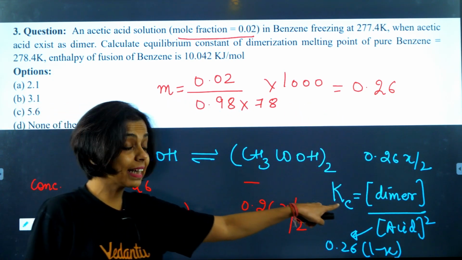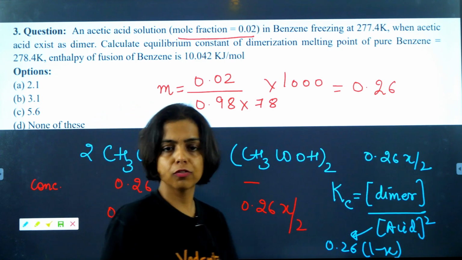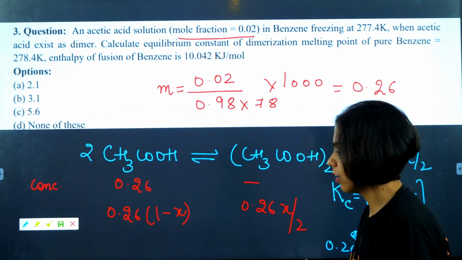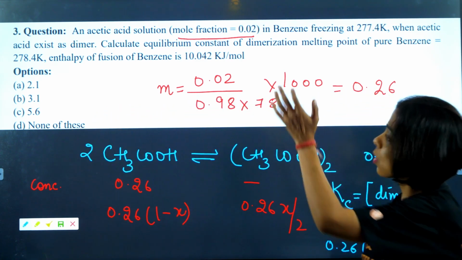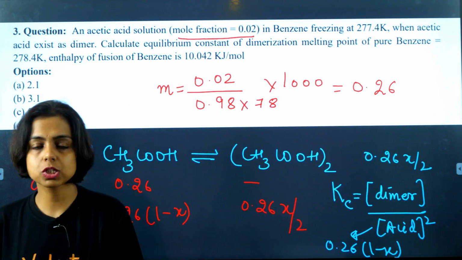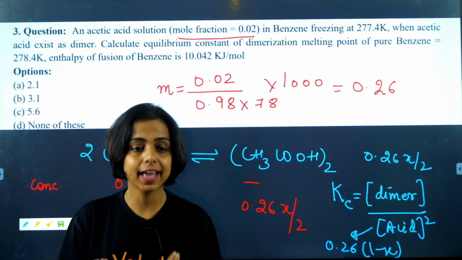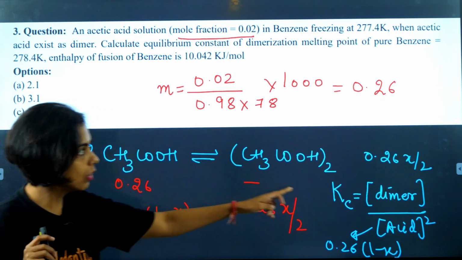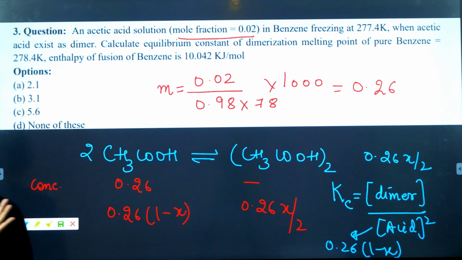So to calculate Kc you need to calculate x, or alpha if you are using alpha instead of x. All the rest of the information is given to us to calculate x, because to calculate the equilibrium constant I need that x value.